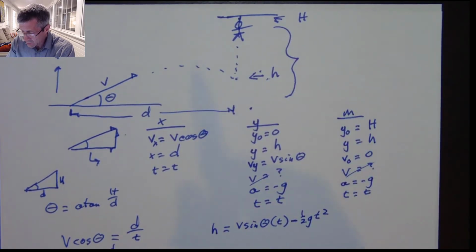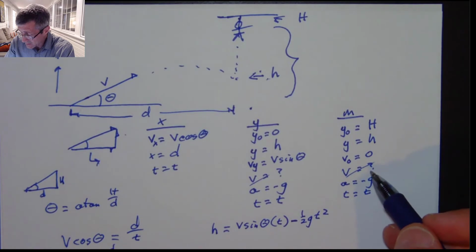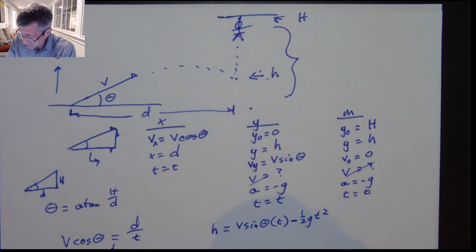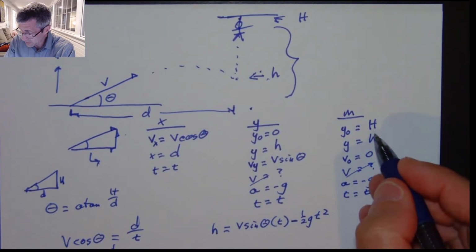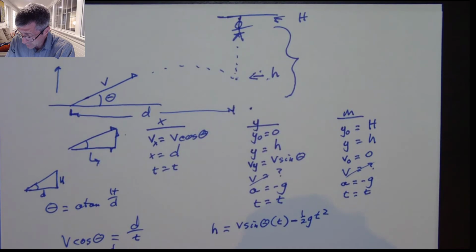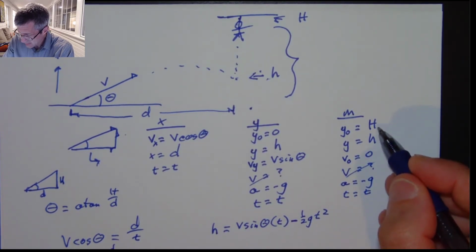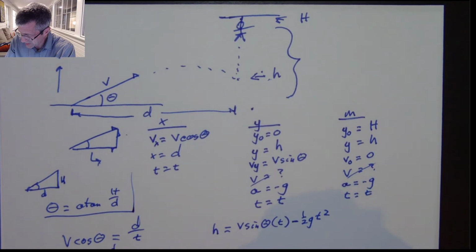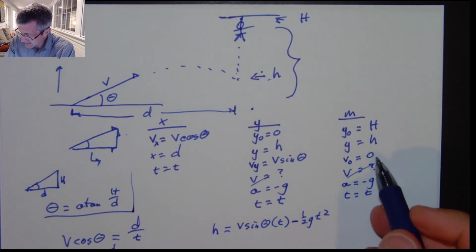So notice this description for the vertical dimension. So let's deal with the monkey. In my monkey, again, I don't want to deal with final velocity, so I'm going to use the same equation, which says that my final y position, which is h, is going to be equal to my initial y position, which now is not 0, so now it's capital H, plus my initial velocity times time.